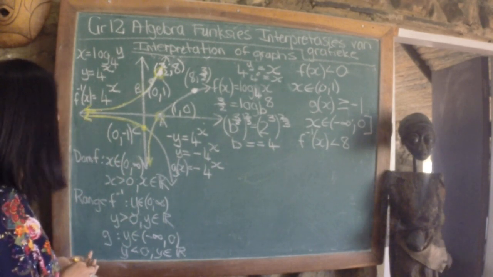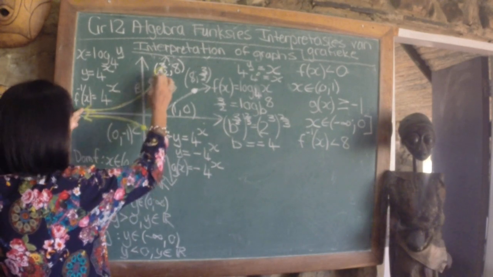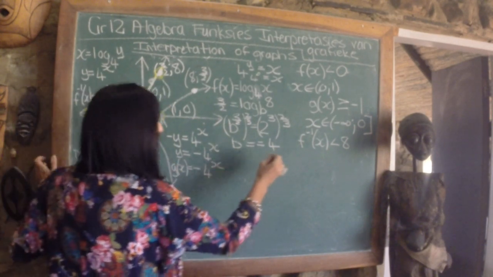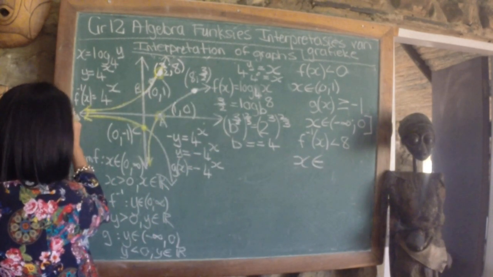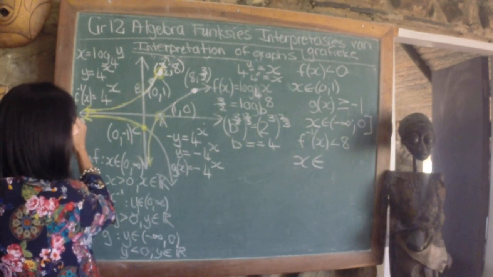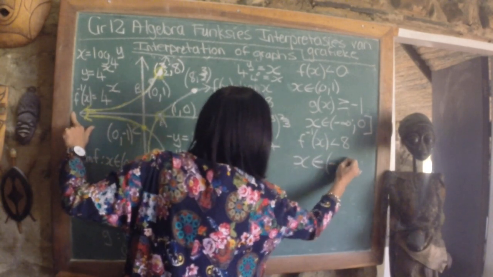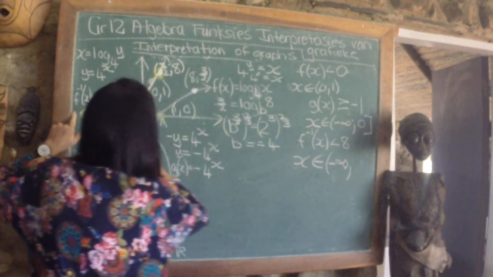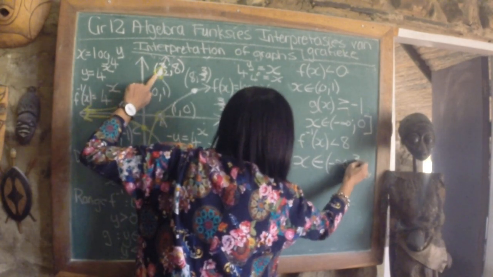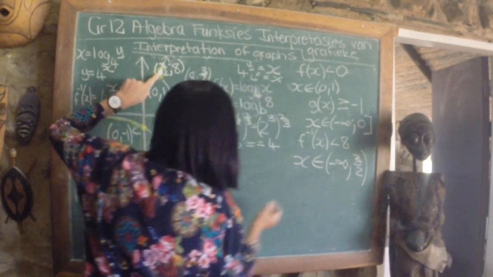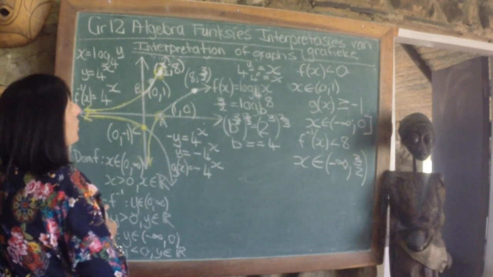So if I write down all the x values for this yellow colored piece, it will be all the x values from minus infinity up to before 1.5, 3 on 2. Nie ingesluit nie, want dit is 'n oop kolletjie.